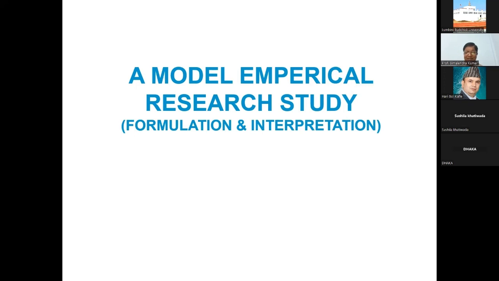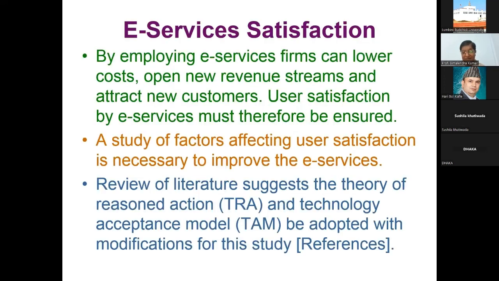So this is related with our hypothesis. Now we can move on to how an empirical research study can be formulated. See, nowadays there is an age of internet and e-services.